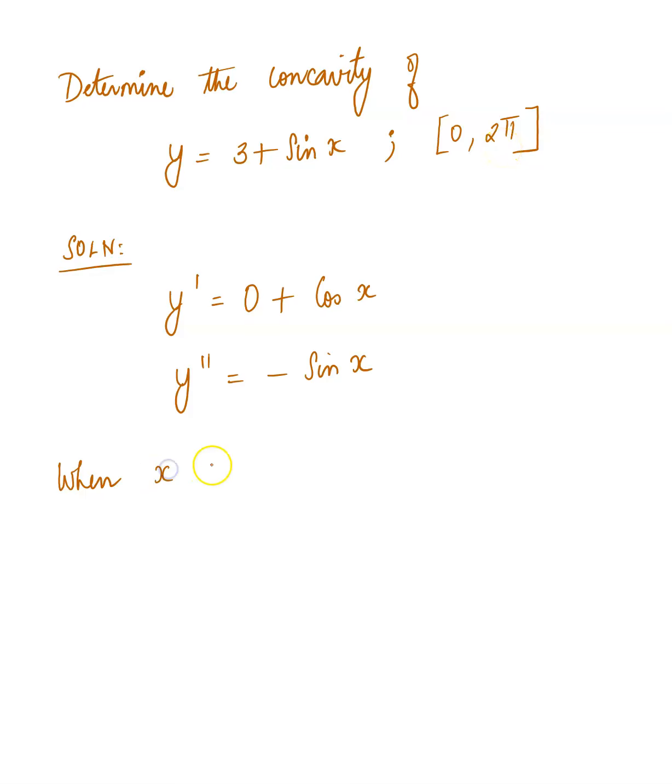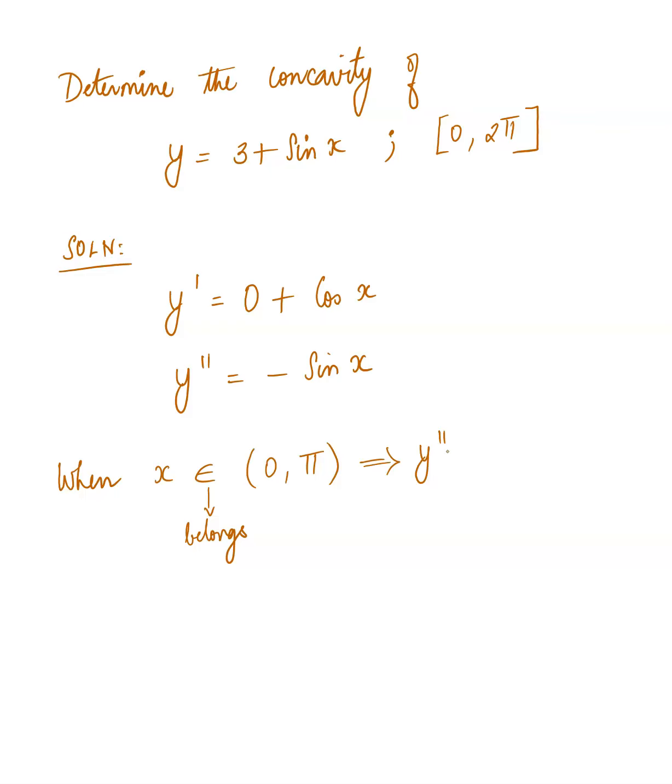So when x belongs to this interval, remember, the ∈ symbol means belongs, I have to put an open interval here because I want to look from 0 to pi, we notice that y double prime. So go ahead and pull out your calculator and plug in values. Pi is 3.14, right? So choose values less than that.